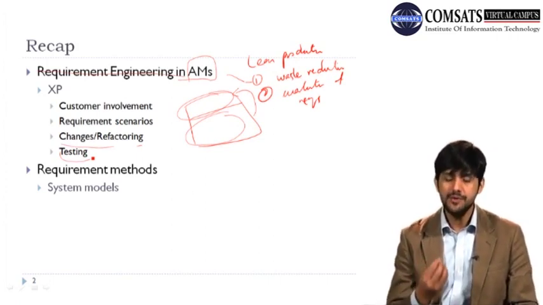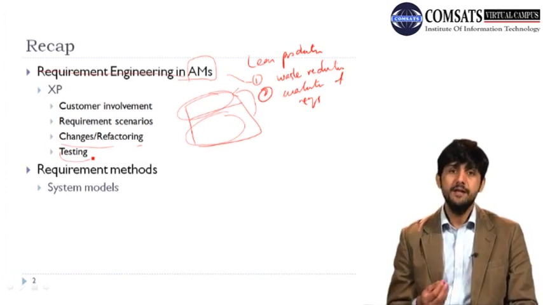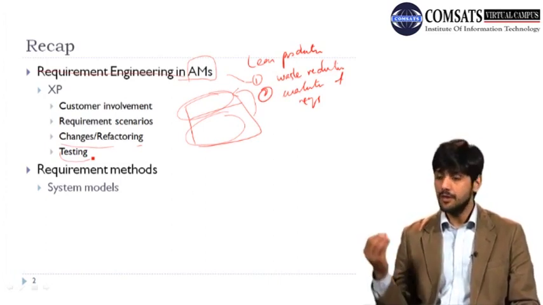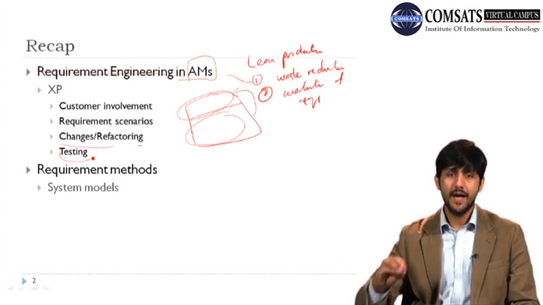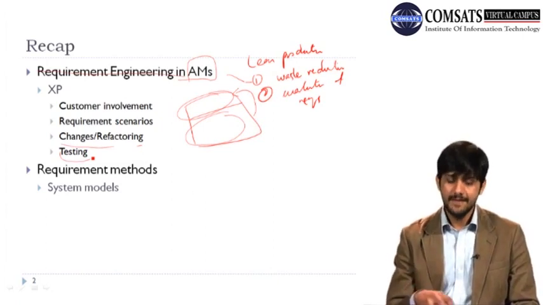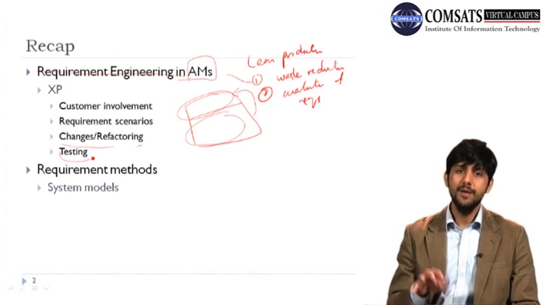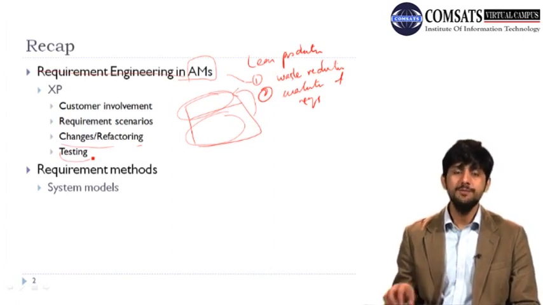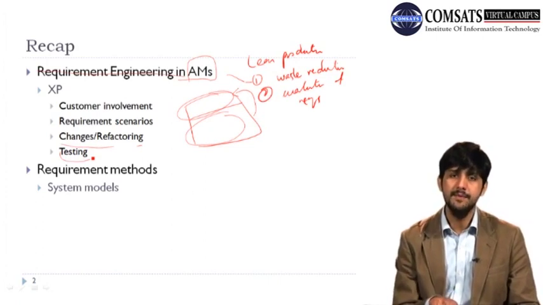And just to conclude, we talked about different sub-processes of requirement engineering in detail. We talked about inception, elicitation, elaboration, negotiation, specification, validation, and requirements management. If you look at these agile methods and that particular example of extreme programming, we can actually see that all those processes do exist in these agile methods as well.